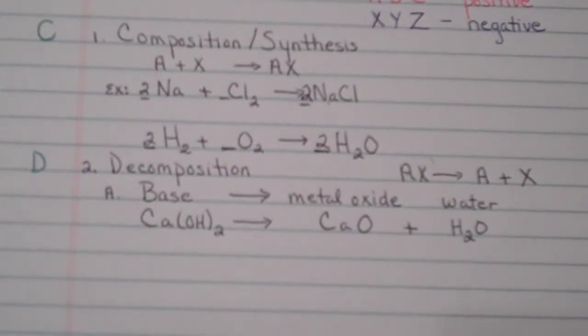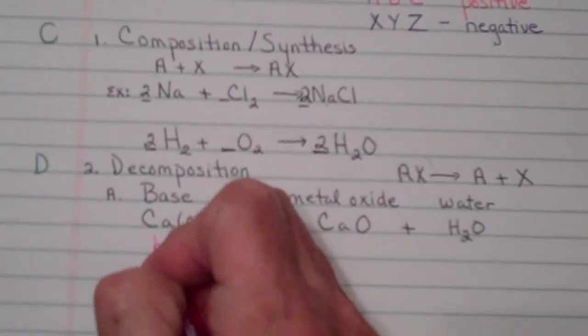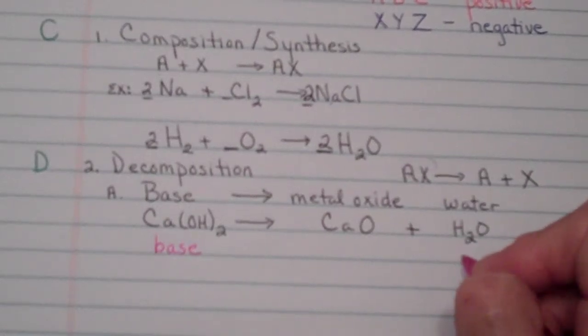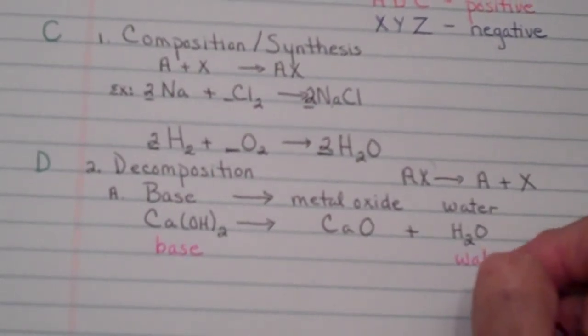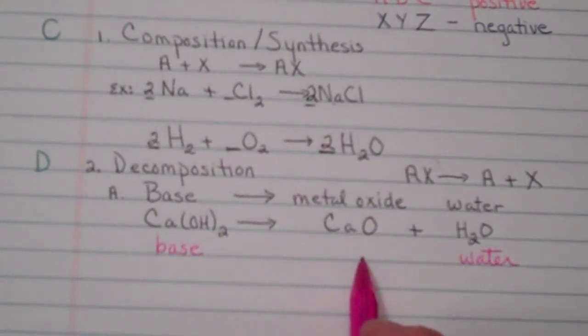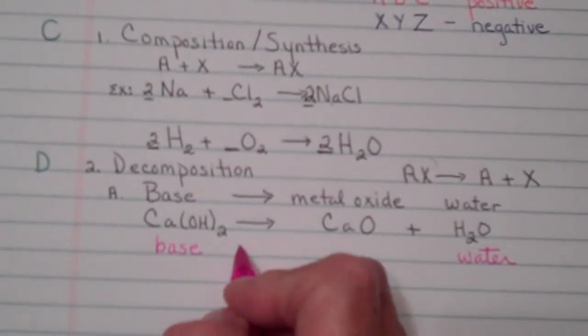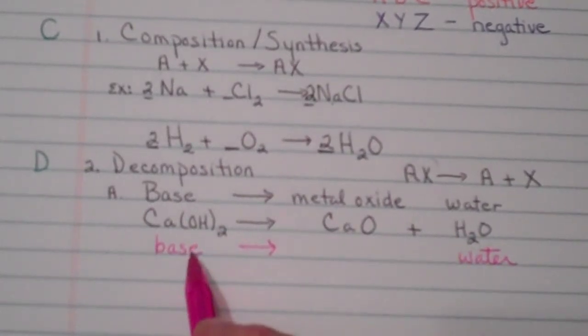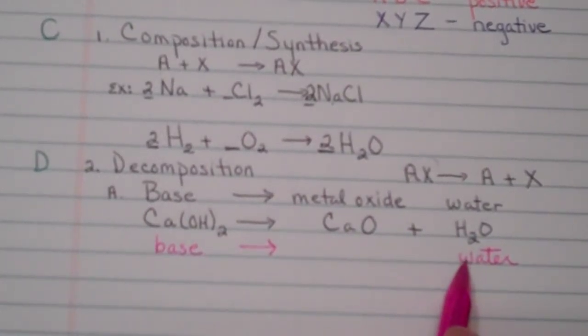Well, there's other terms that we want to bring up here, because calcium hydroxide is indeed a base. And this is water. So, how would we describe this component of our equation? Well, it's a base without the water.